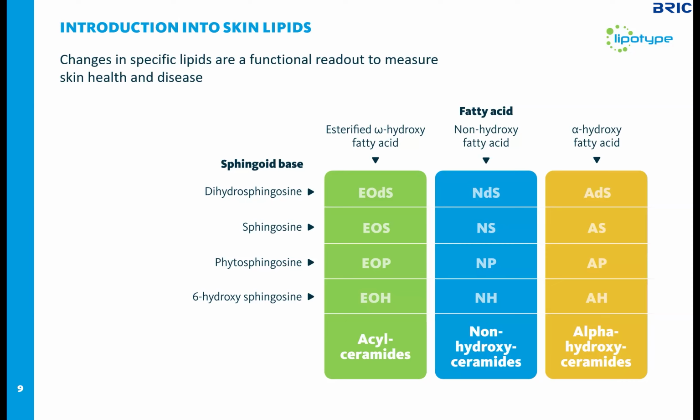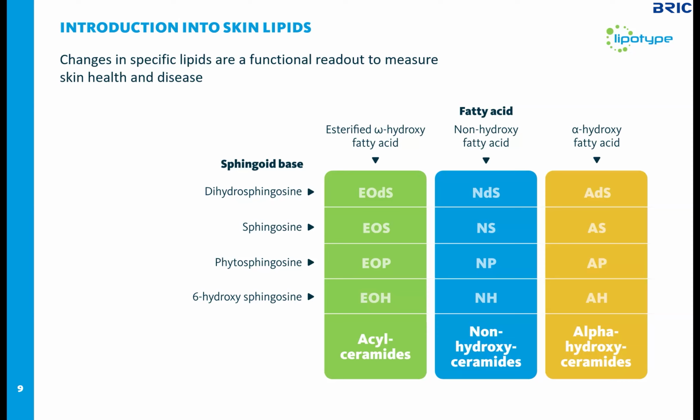However, with this slide, I would like to sensitize you and to emphasize that ceramides are much more diverse and much more complex than just a part of an INCI list on a cream. So it is known that 25 different classes of ceramides exist as of today.